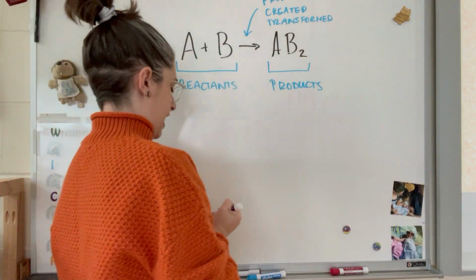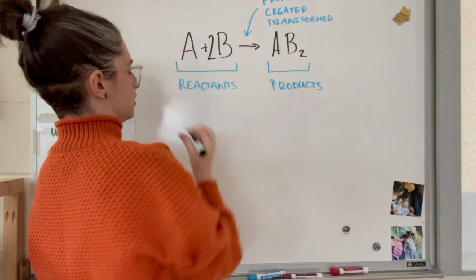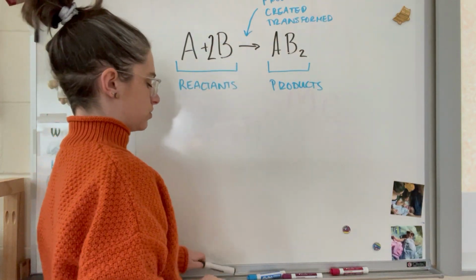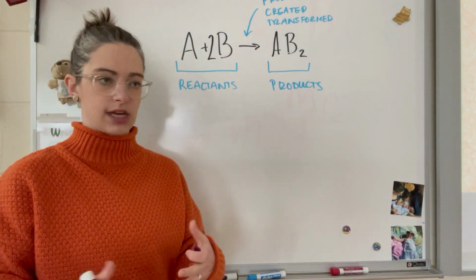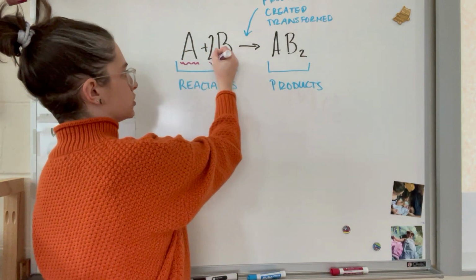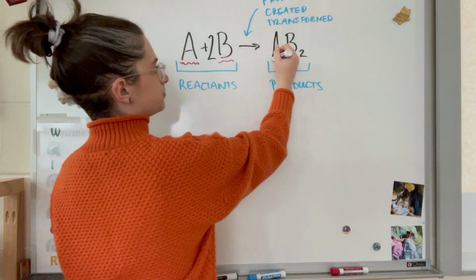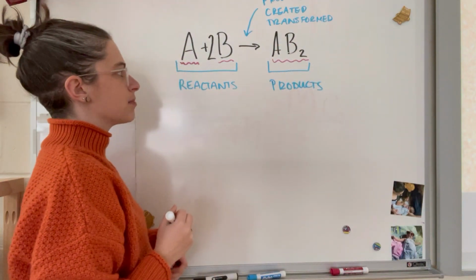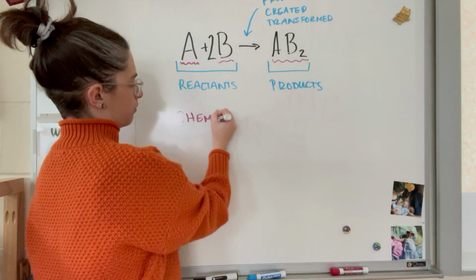Okay, I'm gonna add something to my reaction here really quick. I'm gonna add that number 2 here in front. We'll get to that number 2 in a second. So I have in my reaction, 2's not included, there we go, my chemical formulas. Okay, so let's talk about our chemical formulas.